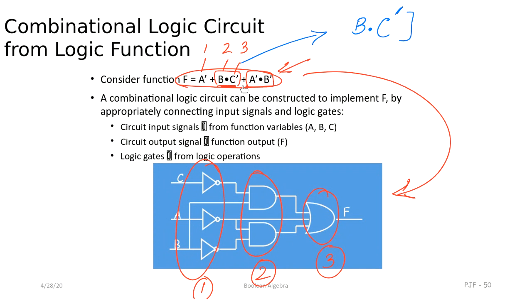I am just going to put the brackets for more clarity. Before this, there was A inverse plus. This is the plus sign now. And after B dot C, there is one more, A inverse dot B inverse. So this is another thing.